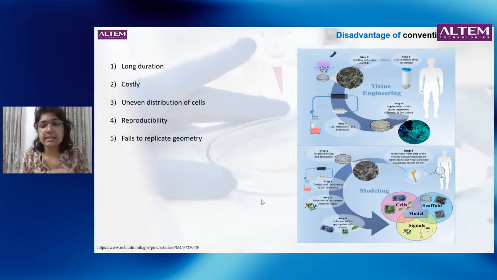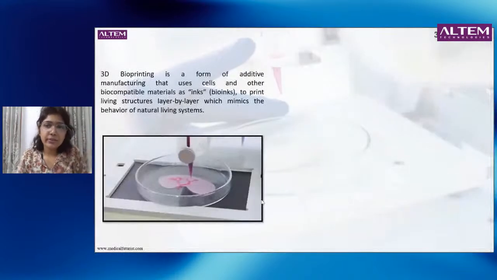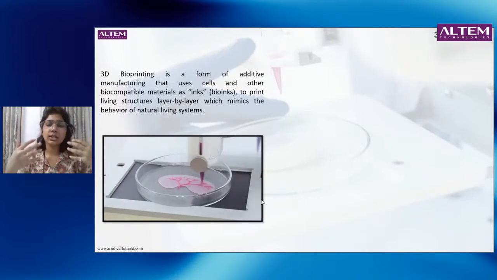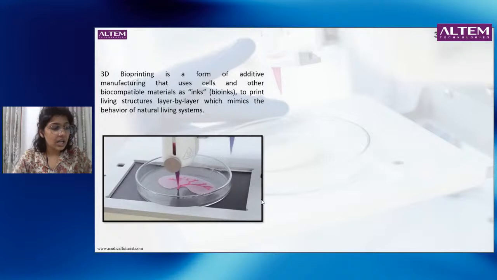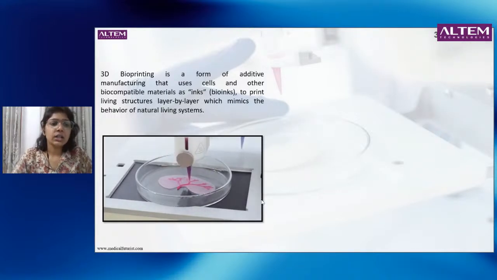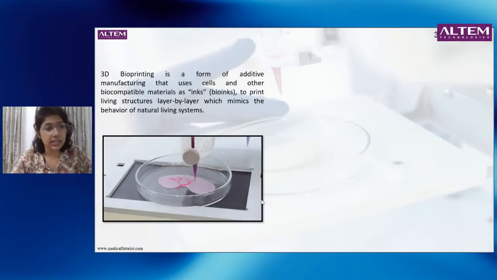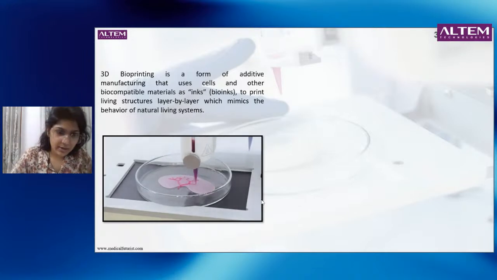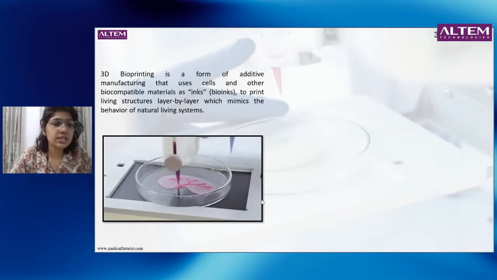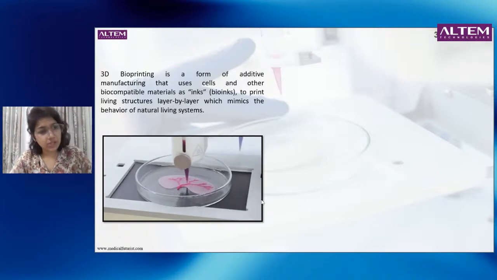So, keeping these disadvantages in mind, you have 3D bioprinting. Again, I won't dwell too deep into what 3D bioprinting is, because in our previous session we've already had my introduction on 3D bioprinting. Again, it is a form of additive manufacturing which ideally uses bioink materials to print living structures in a layer by layer fashion.